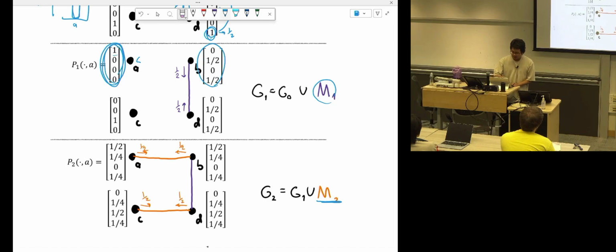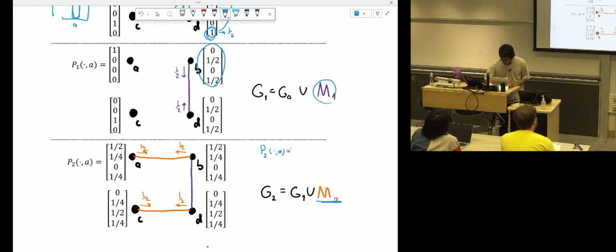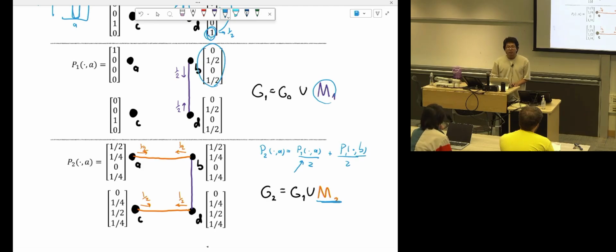Meaning that now, what P2 of A will look like is just going to be half of its original mass, plus half of the vector from B. Do you agree with this?